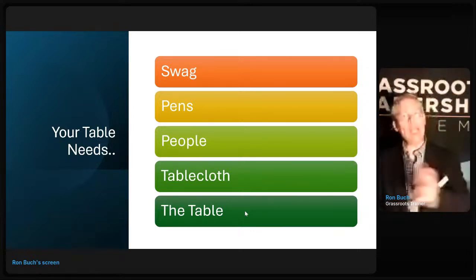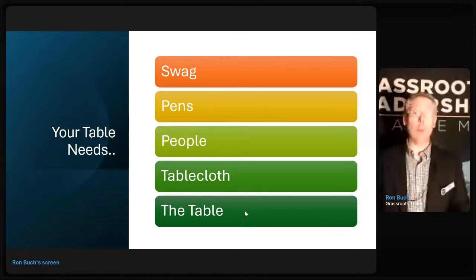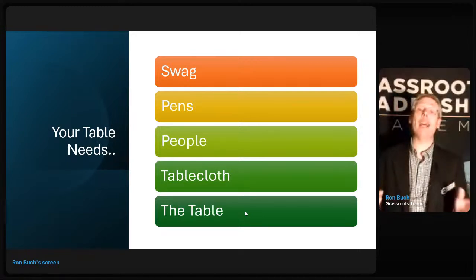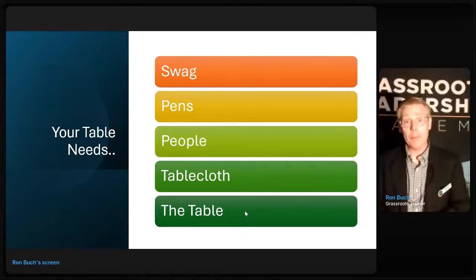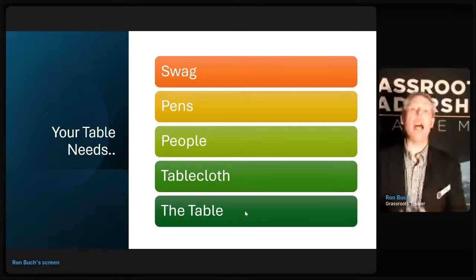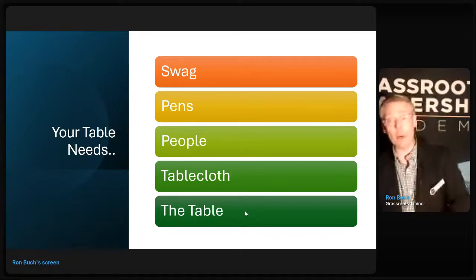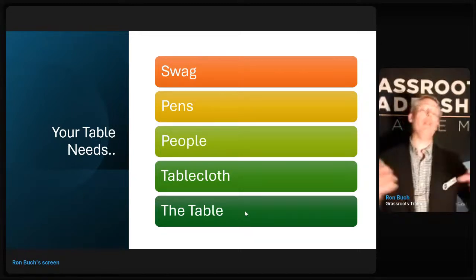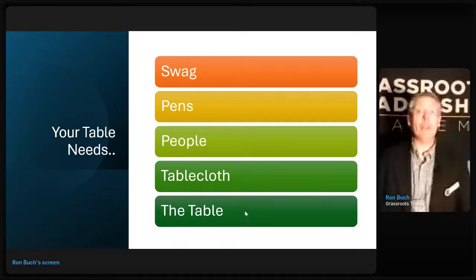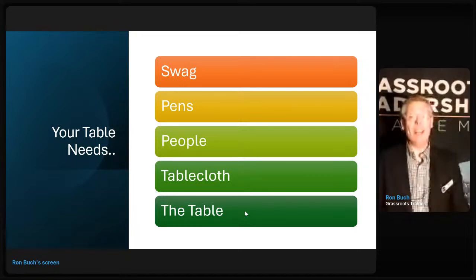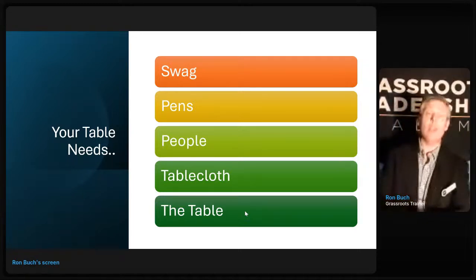But just know you want to have people working your booth. Now, I will say this. I have worked in the grassroots arena for years and years. And I do have a pet peeve when it comes to tabling. There have been so many times, with a number of different organizations and groups that I've worked with, that I come to their table and there are 3 or 4 people back there, and they're all just shooting the breeze with each other.